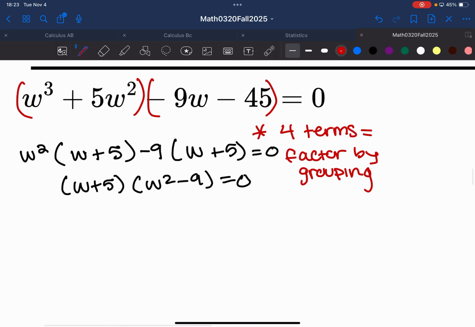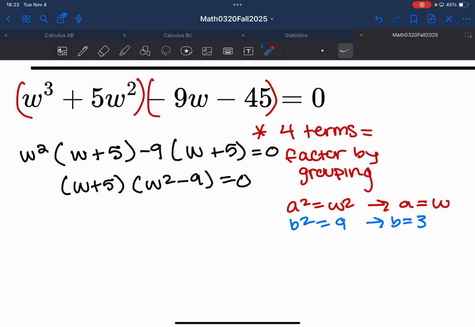So a squared is equal to w squared, which means a equals w, and b squared is equal to 9, so b is equal to 3. Remember, as we keep doing this, you don't have to write this out. On the test, if you're able to do it in your head, you will not have to write this step if you don't want to. Of course, if it helps, write all the steps.